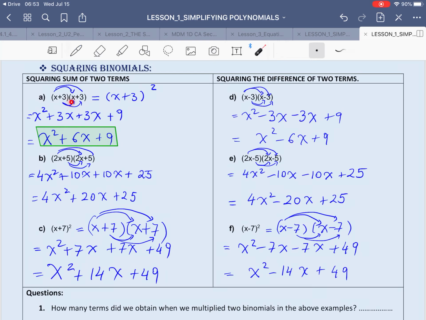So we're going to write, we see same terms for the first at least, but the only difference is the middle term is negative.